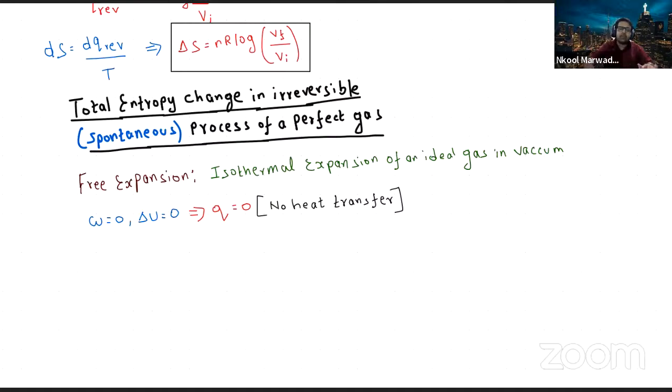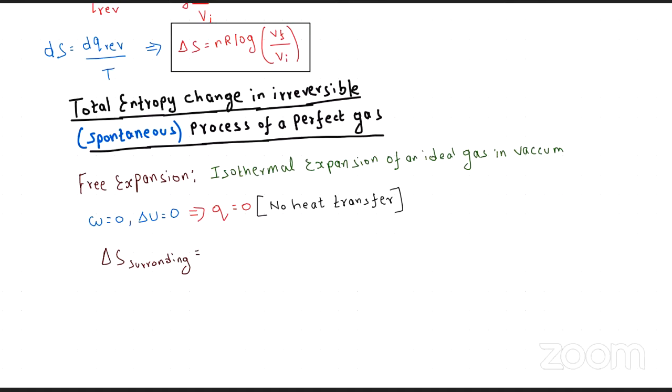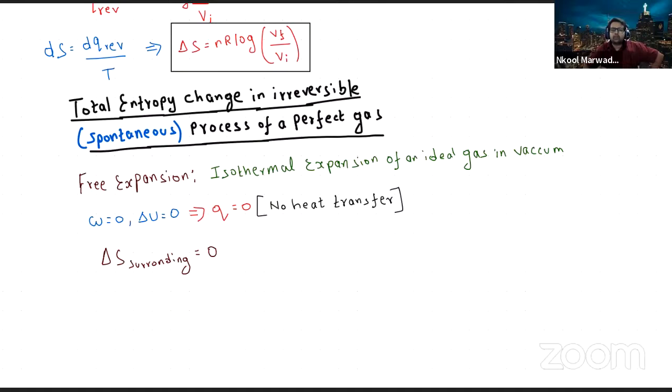Since there is no heat transfer taking place, the surrounding will neither take in any heat nor lose any heat. So delta S of the surrounding is 0.